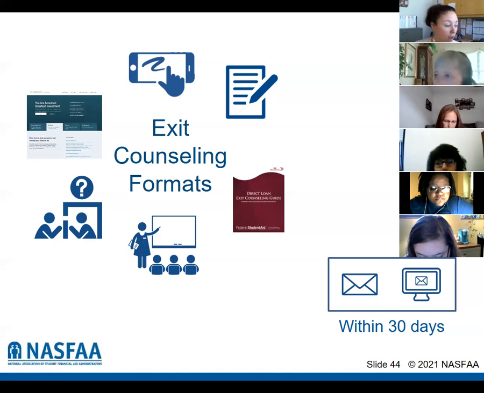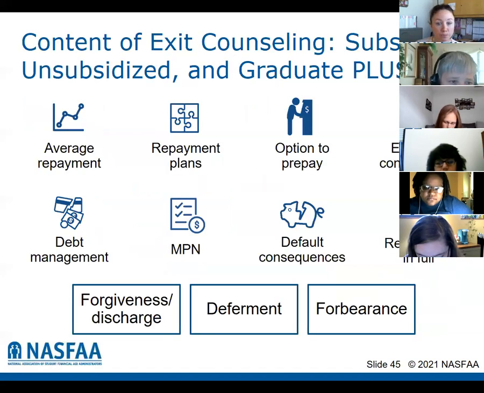So it's a very, very serious thing that we have caused them to have. We see that as a really important service to give them, to make sure that they know exactly what they need to do to be in a good repayment status.